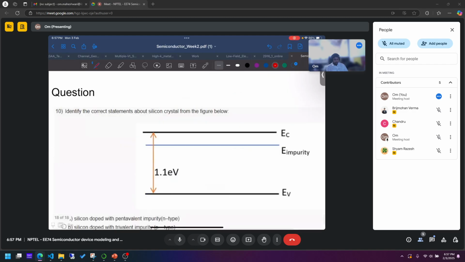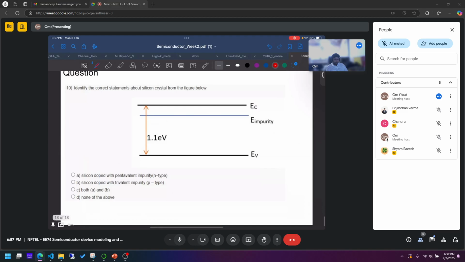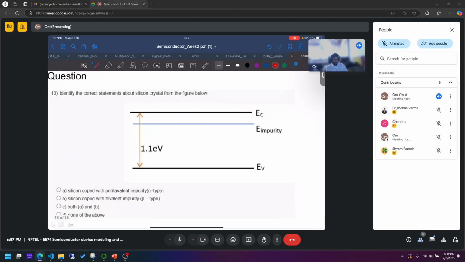Similarly, if we do the same thing for the n-type, which is the next question here, in n-type the impurity is phosphorus or arsenic, which are group 5 elements, right? Silicon has 4 valency, they have 5. They have one additional electron, so they can donate one electron. These pentavalent atoms donate one electron into the conduction band.